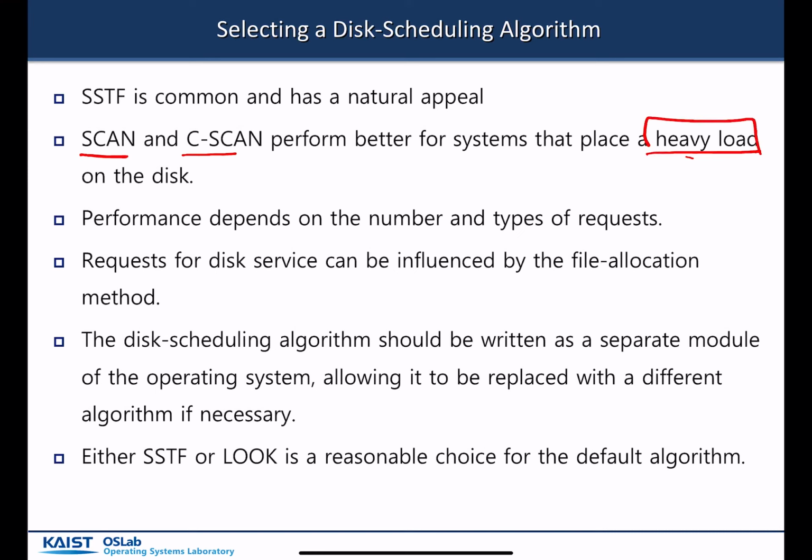The performance of the hard disk drive while scheduling depends on the number and types of requests, and of course the requests for disk service can be influenced by the file allocation method. So both shortest seek time first and look algorithm are a reasonable choice for a default algorithm.